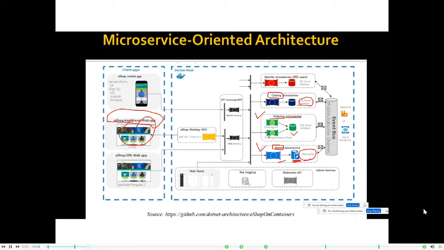But after saying that, let's say this ordering service and the basket, for sure they may need to communicate with each other, especially if this ordering part, the background task, really needs to modify the inventory correspondingly, right?